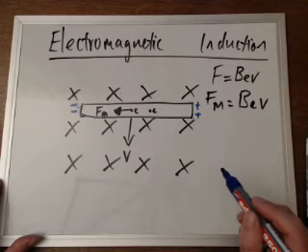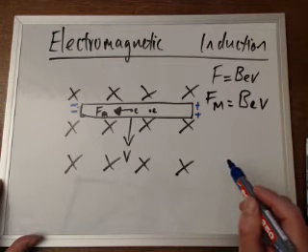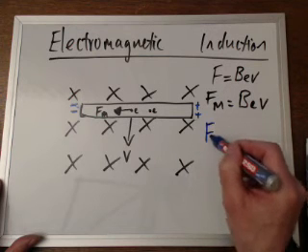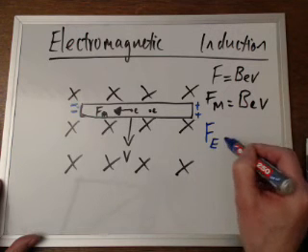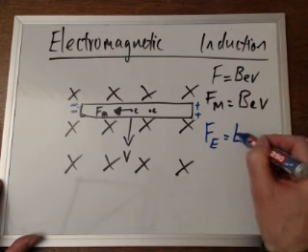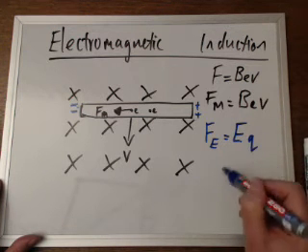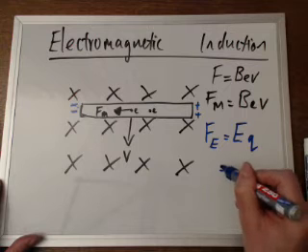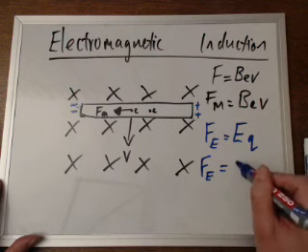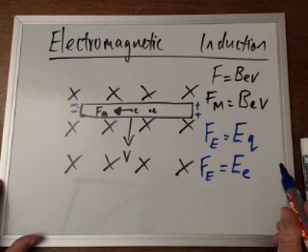And if you've got a charged particle in an electric field, a charged particle or an electron will feel a force. And the force due to the electric field is equal to the electric field strength, E, times the charge, Q. In this case, the charge is on the electron, so the force due to the electric field is equal to the electric field strength times e.